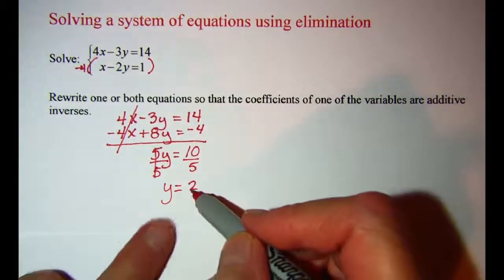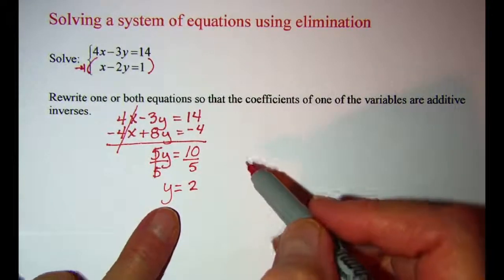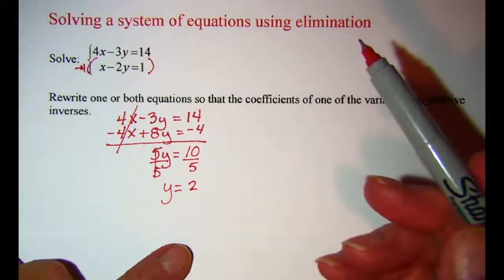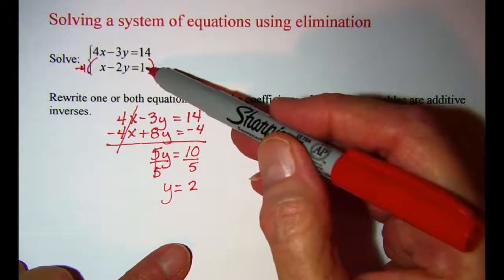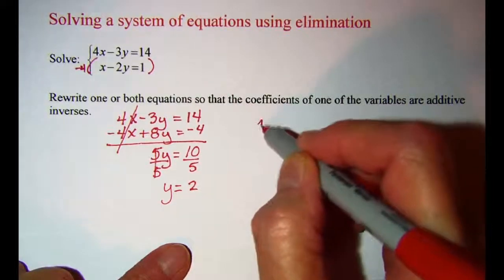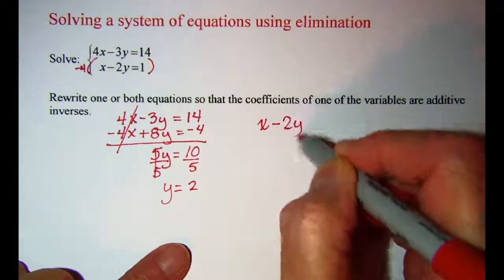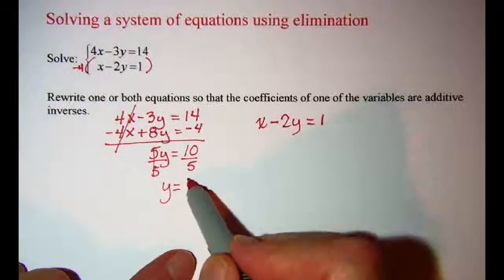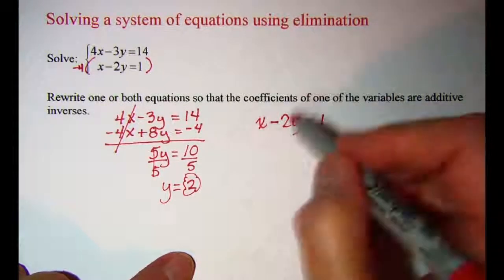Once you have the value for y, then you need to put that back into one of the equations that you started with. I'm going to go ahead and put it in the second equation. It doesn't matter, really. x minus 2y equals 1, and I'm going to put this 2 right in here for y.